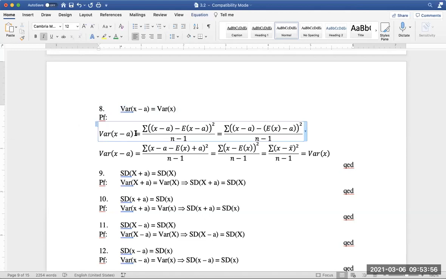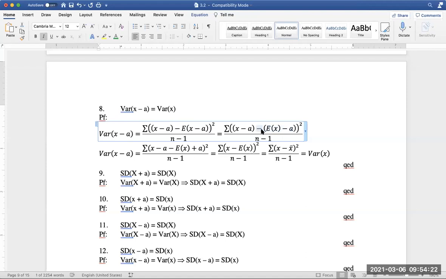So the variance of x minus a is the sum of x minus a minus expected value of x minus a, quantity squared, over n minus 1. And so this is equal to, well, distributing the minus sign inside the parentheses, using the fact that the expected value of x minus a from the previous section is expected value of x minus a.